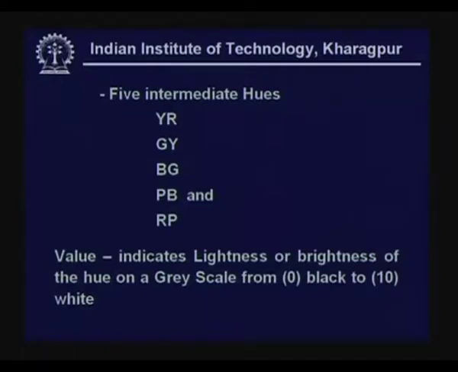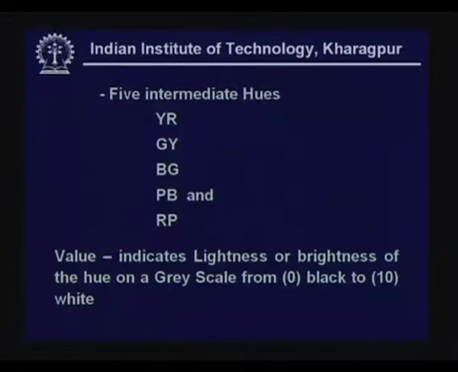The value, the second dimension of the dimensional specification, indicates whether the hue considered is light or bright. It is specified on a gray scale with 0 corresponding to black, 10 corresponding to white.